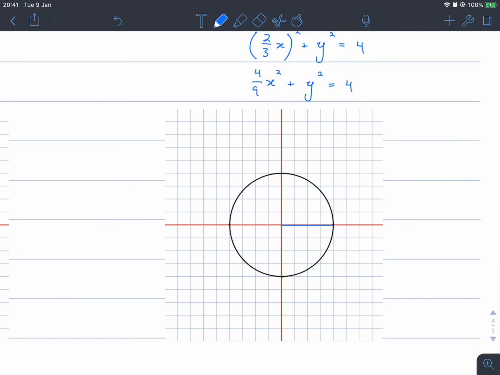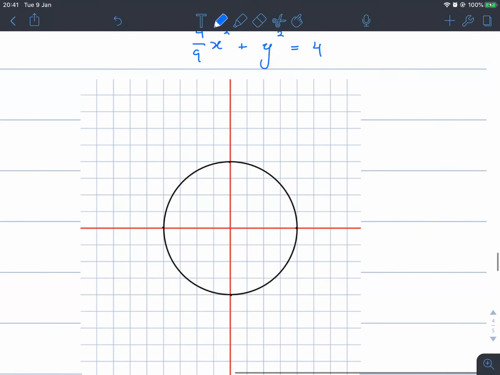If that was a distance of 2, times 1.5, it should now be a distance of 3, so it should be all the way out here. Same with this distance here, if that's a distance of 2 times 1.5 it should now be a distance of 3 out here.